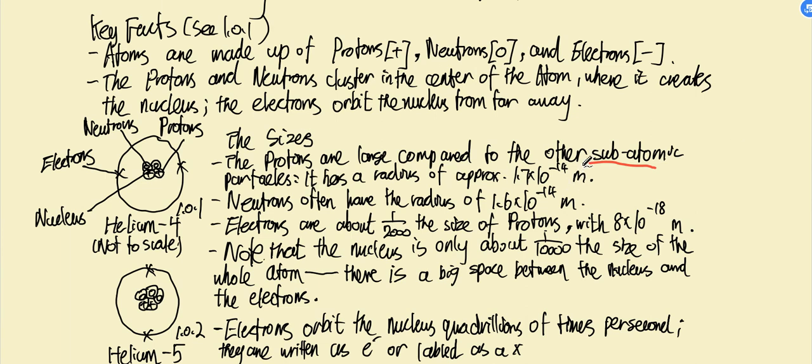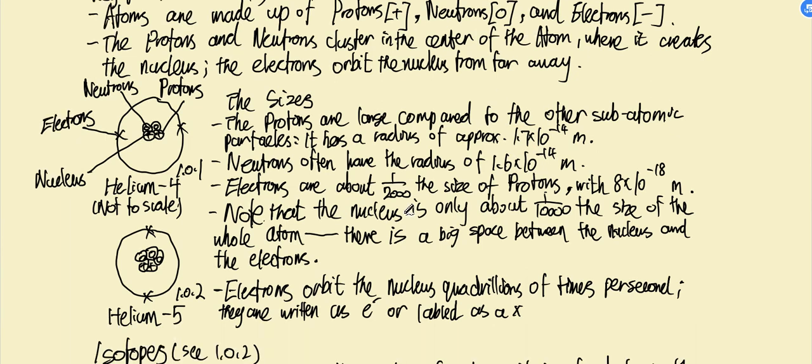Protons vary a bit, so this is an approximate number. Neutrons are a little smaller than protons, nearly the same really, at 1.65 times 10 to the negative 14th power meters, but forget that. You will not be asked that in the exams.